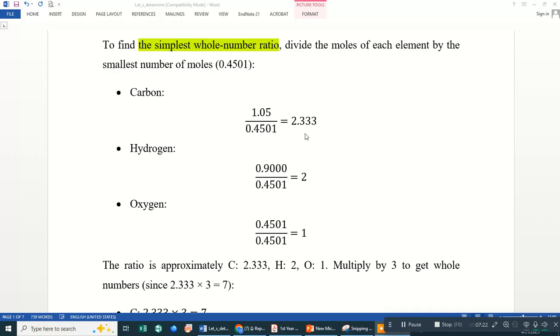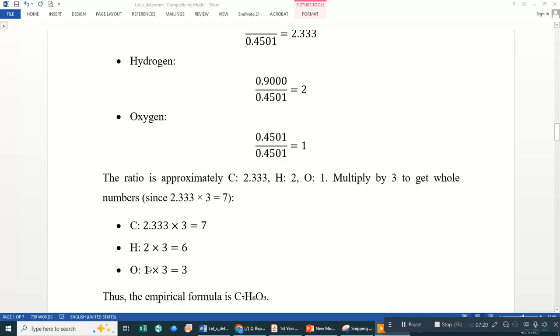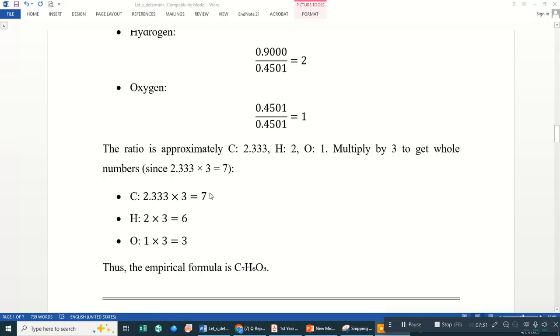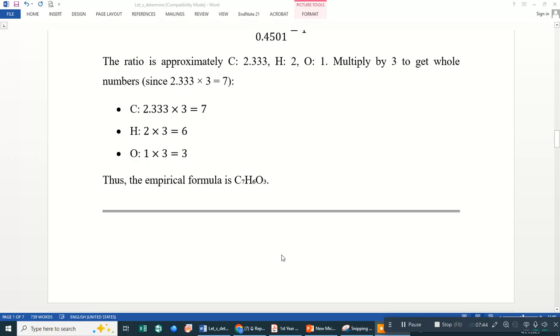Similarly, multiply all the molar ratios by 3. With respect to carbon, the answer is 7. With respect to hydrogen, the answer is 6. With respect to oxygen, the answer is 3. The empirical formula is C₇H₆O₃.